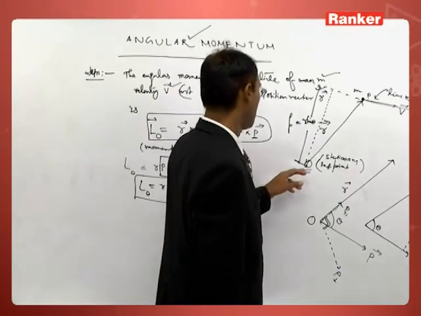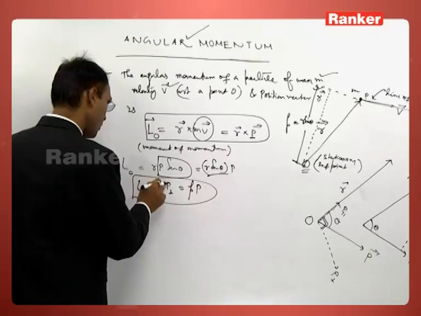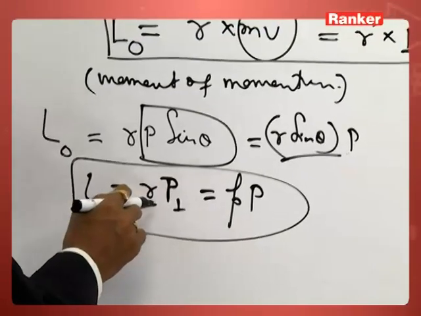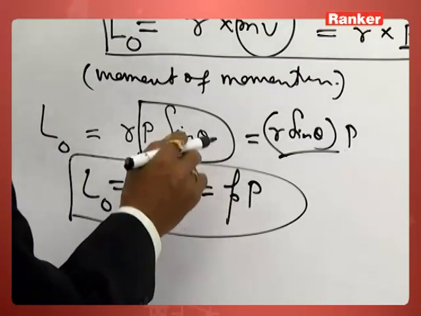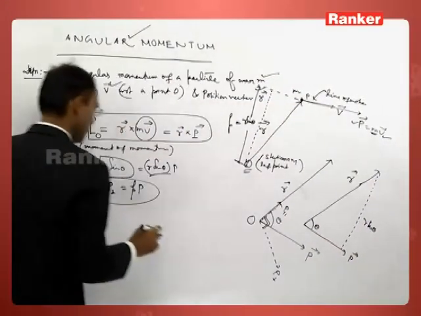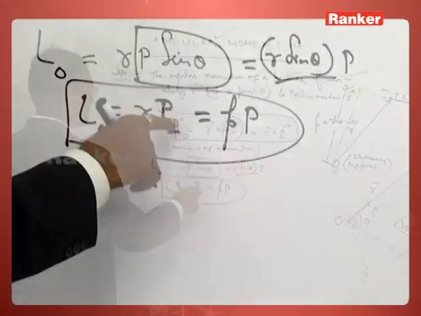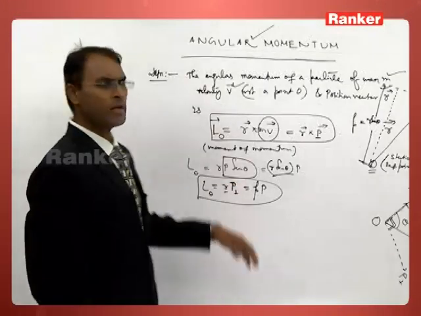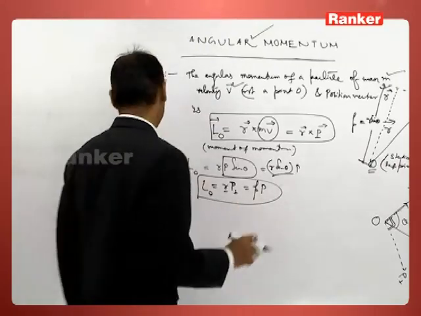Its magnitude about any reference point is r into the perpendicular component of the linear momentum, which is equal to the perpendicular component of the position vector with respect to the linear momentum vector into the magnitude of the linear momentum: r p perpendicular, or r perpendicular into p. So with this theory, let us do some problems.